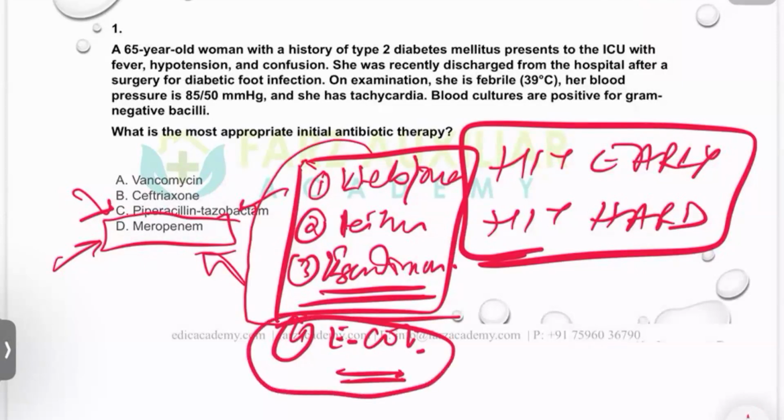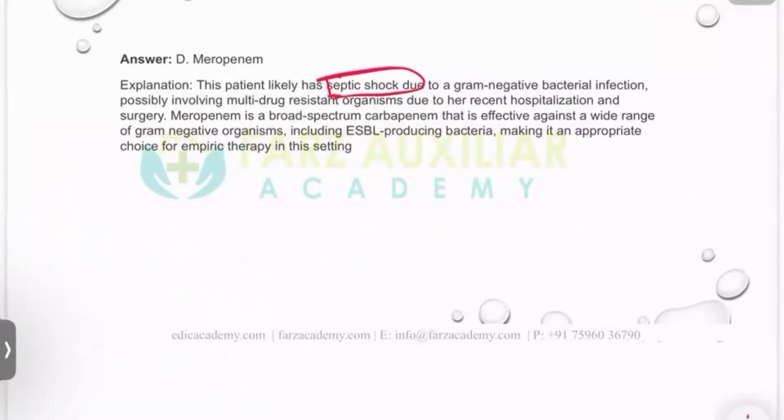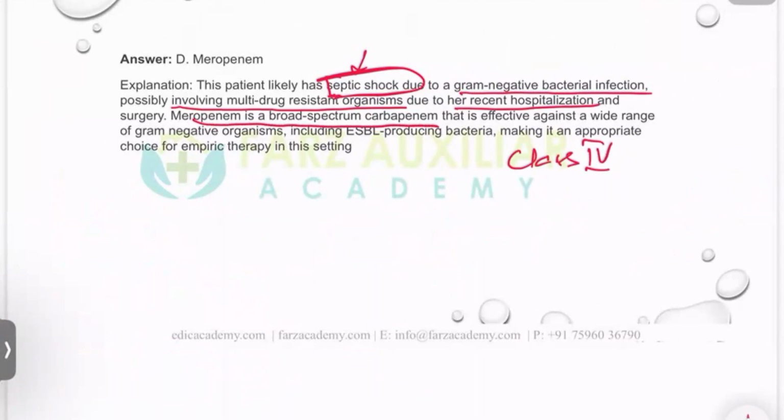On the fourth it may work, but on Klebsiella, Acinetobacter and Pseudomonas it may not. So this patient is in septic shock due to gram-negative bacterial sepsis, possibly involving MDR organisms due to her recent hospitalization. Remember, I told you this is a class 4 patient. Meropenem is a broad-spectrum carbapenem effective against a wide range of gram-negative organisms, so it will become the choice of empiric therapy.